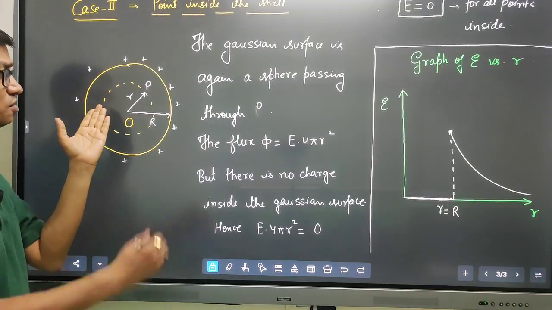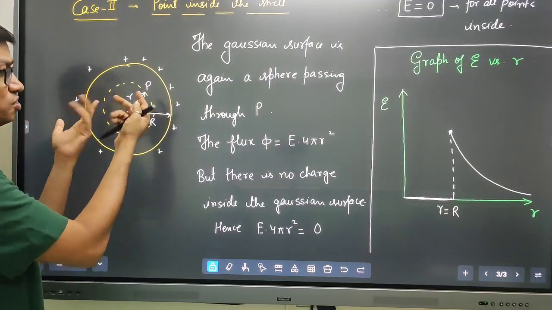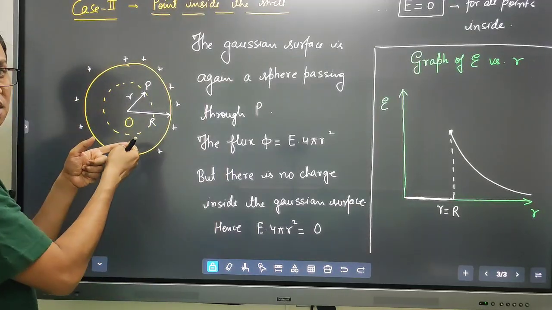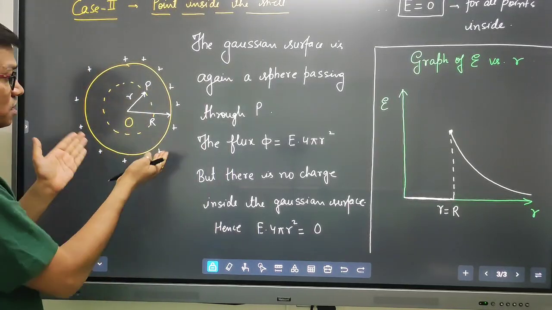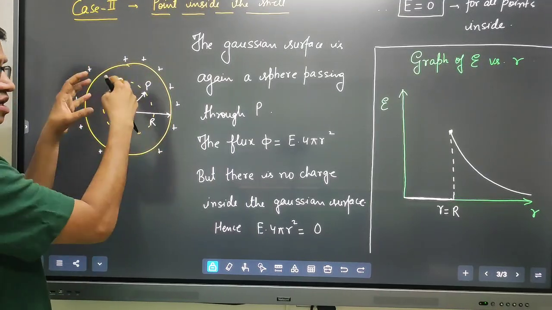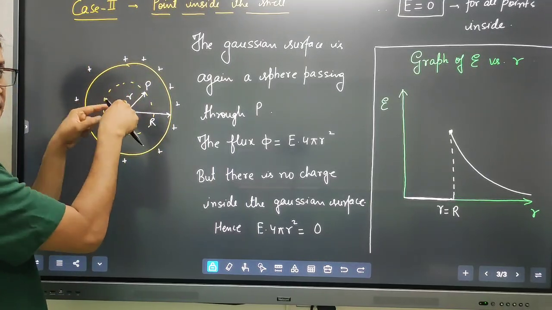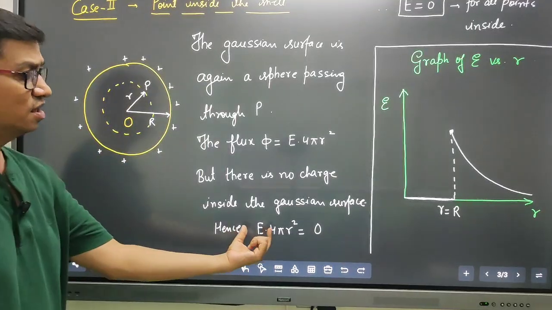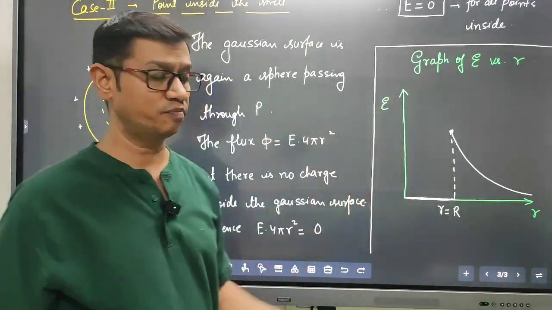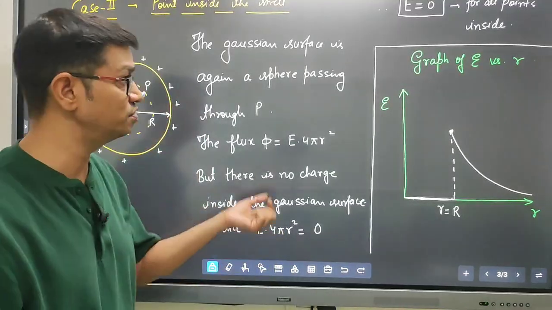Do you see any charge? All the charge is on the surface of the shell. It's a spherical shell, it's hollow inside. So there is no charge inside the Gaussian surface. That means this flux has to be 0. That means E will be 0, because 4 pi r square cannot be 0, so E has to be 0.